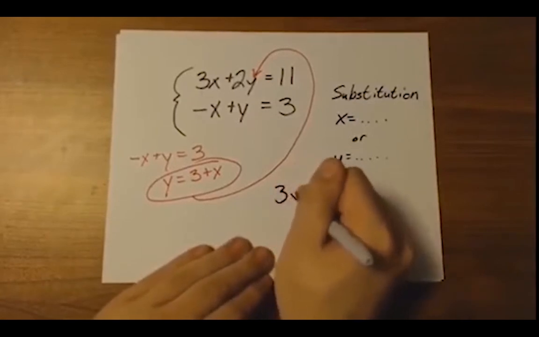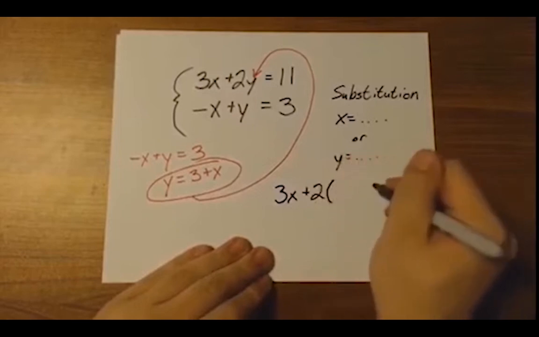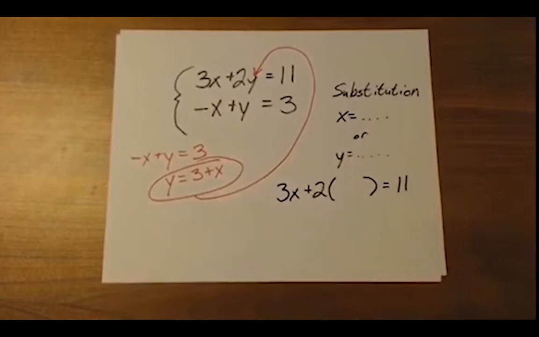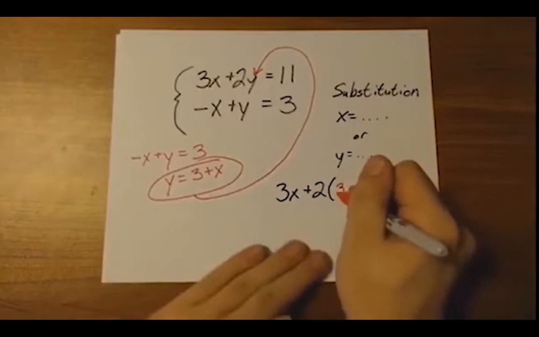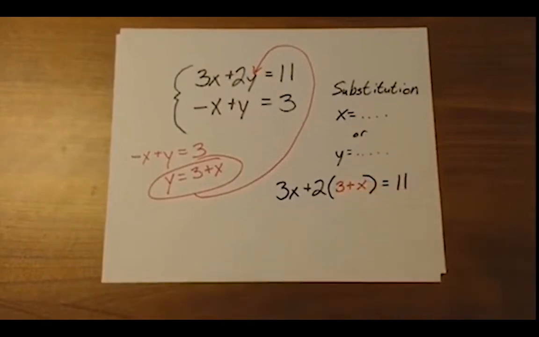So instead of 3x plus 2y equals 11, for y, we're going to use that expression 3 plus x.